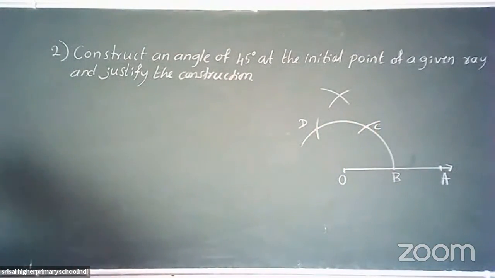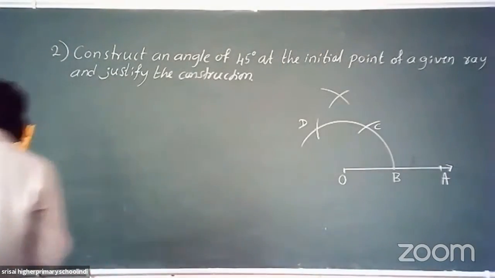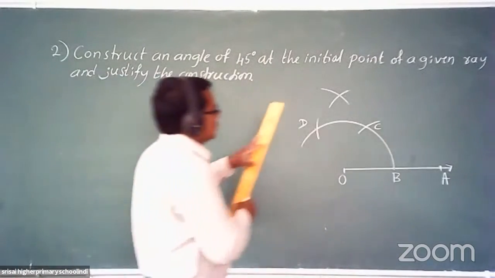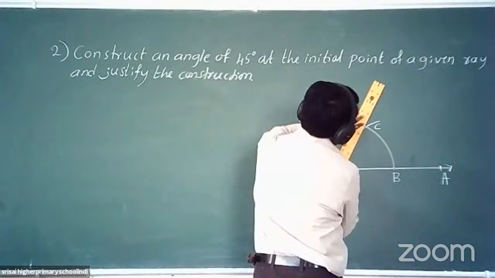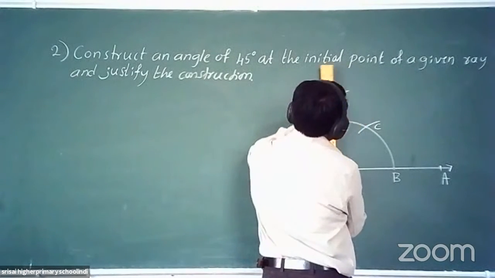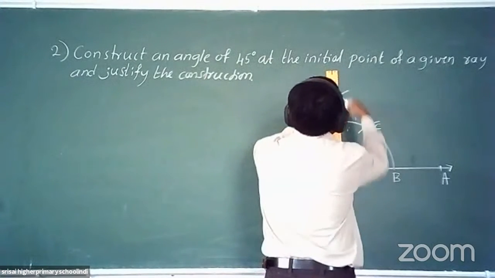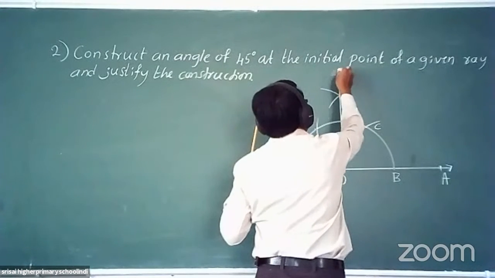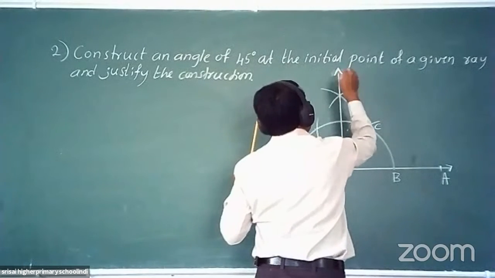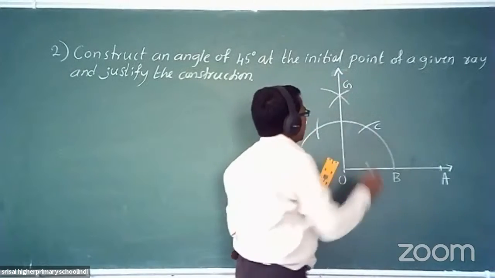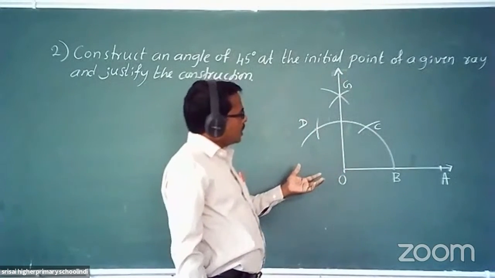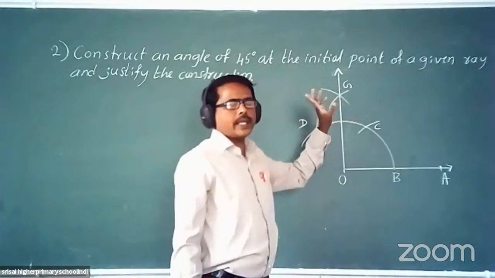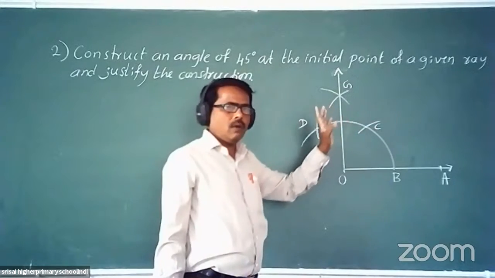Call that point Z. In the previous step, we came to know AOZ is 90 degrees. How it becomes 90 degrees, that we have discussed.